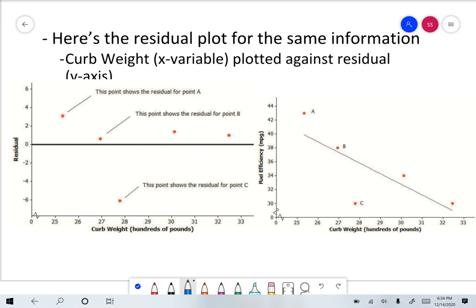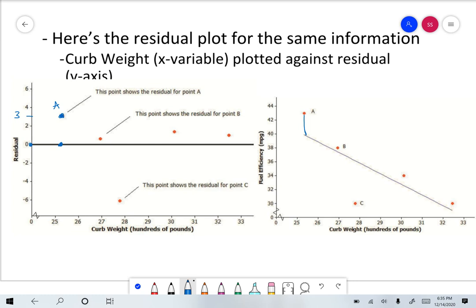So here we are looking at point A, the residual for point A, meaning the curb weight in hundreds of pounds for car A was around 2,500. And the error between the actual data point and the predicted point was about 3 miles per gallon.